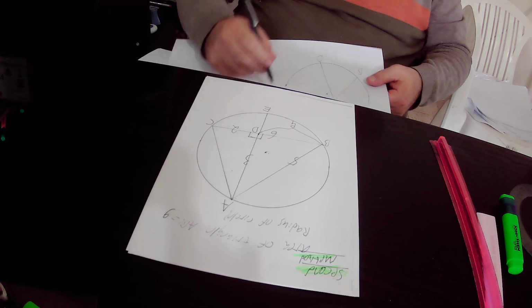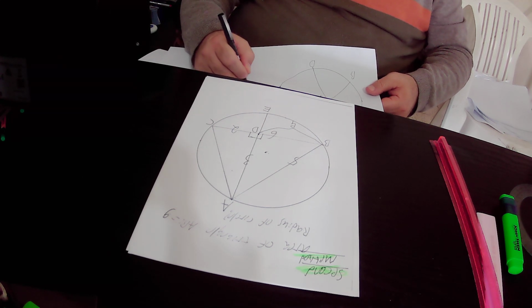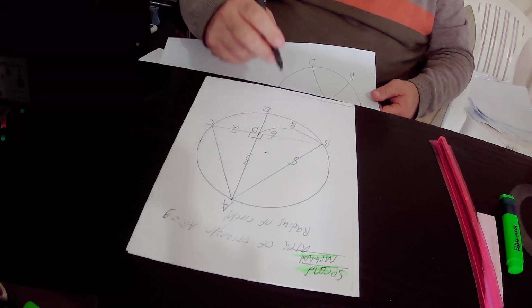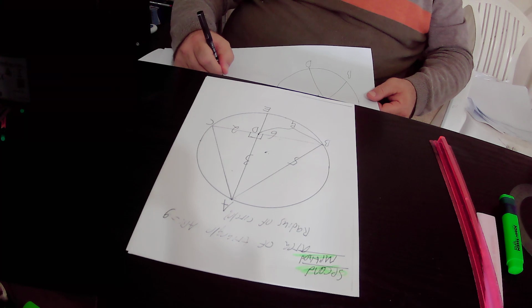So BD equals 4 units, DC equals 2 units, AD equals 3 units, and DE is the missing line segment.